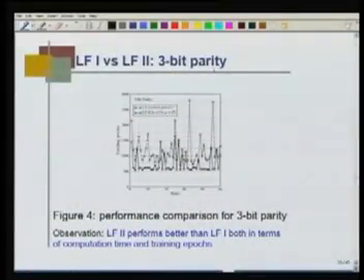So, that was for the XOR function, and this is for the 3-bit parity problem. I hope you can get all these functions, XOR and 3-bit parity, in many textbooks.